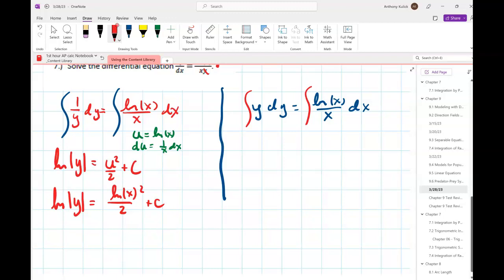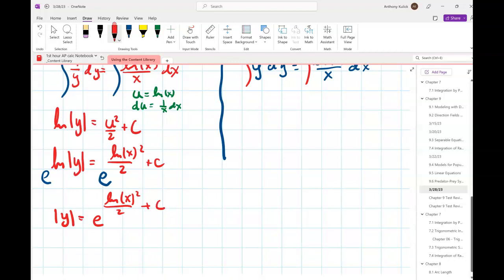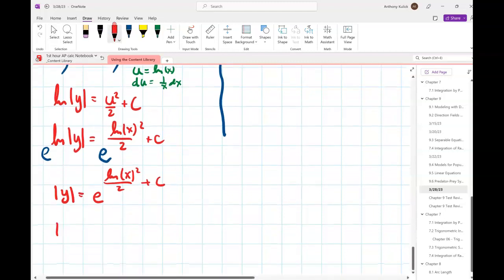So next order of business would be to get rid of the natural log there to get the y by itself. So we'll do exponent base e to both sides. And I would now separate that exponent.